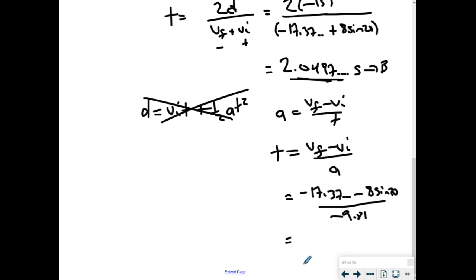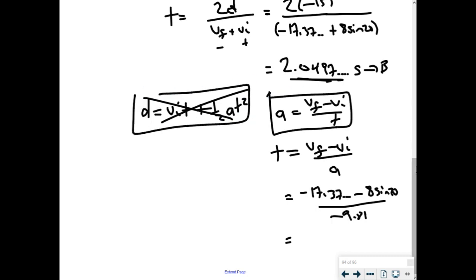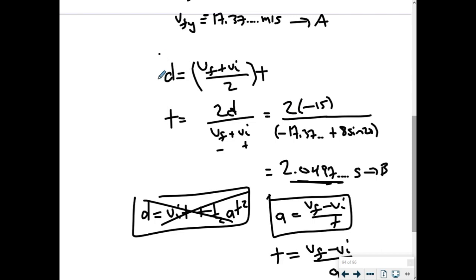So negative 17.37 minus 8 sine 20, and then take all that and divide by negative 9.81. And yeah, I still got the same number, 2.04. So anyways, that's one of the cool things about physics, more than one way of solving things. I could have used this formula, I could have used the quadratic formula, I could even have used this formula here. Really, same thing, more than one way.